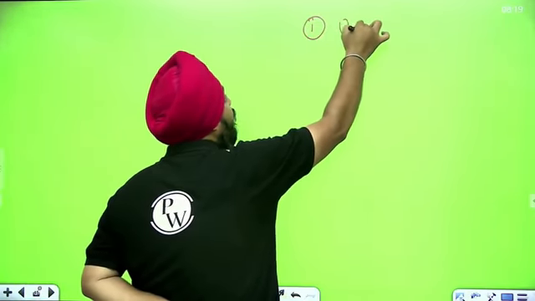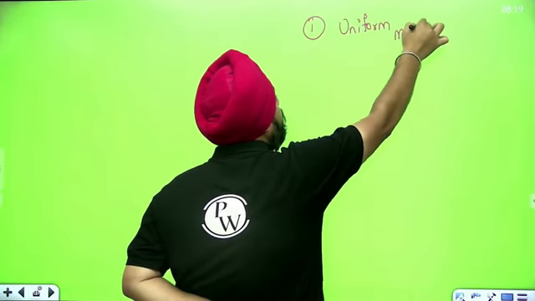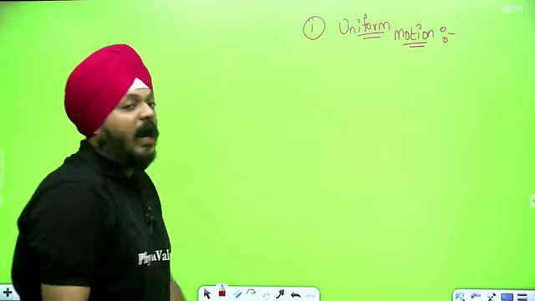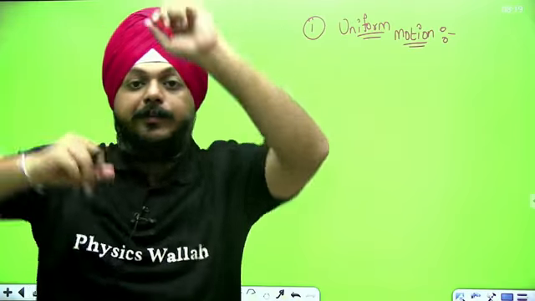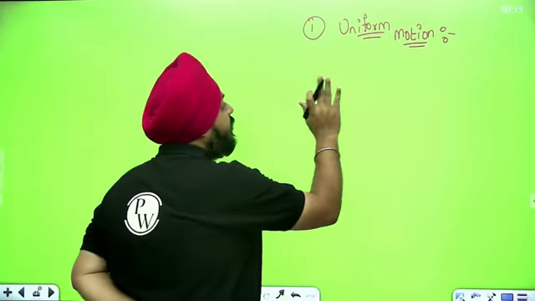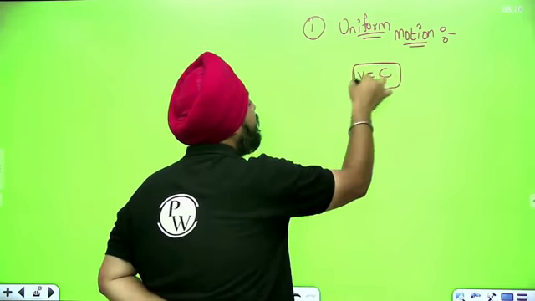The graphs of uniform motion. What does it state? Uniform motion is a very simple thing. The velocity of the particle is constant, or you can say speed is constant.